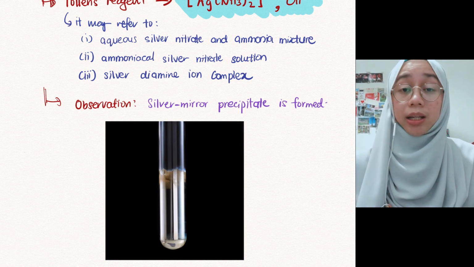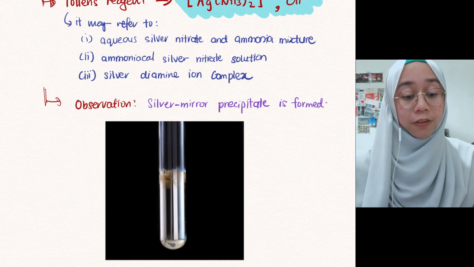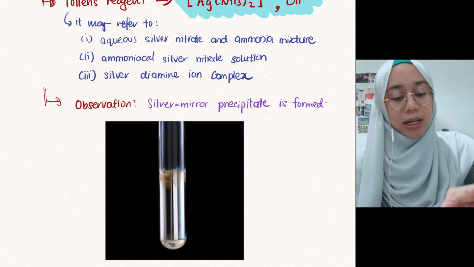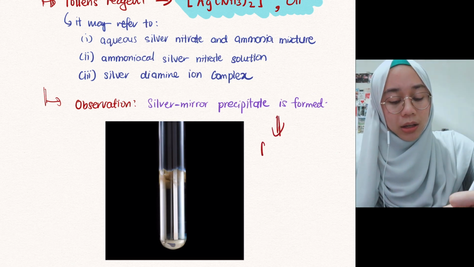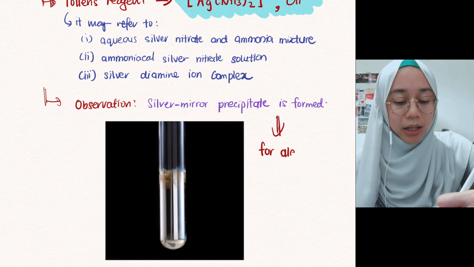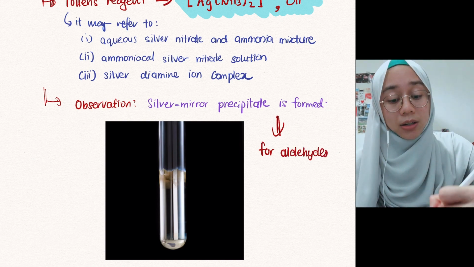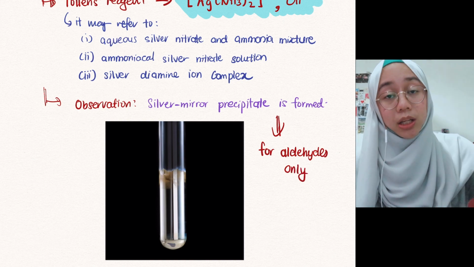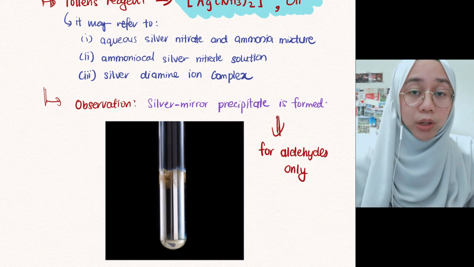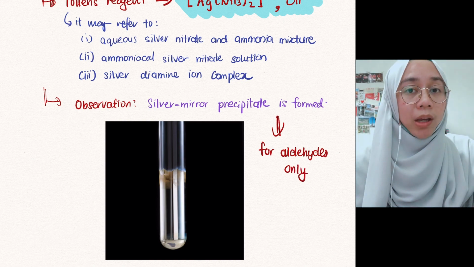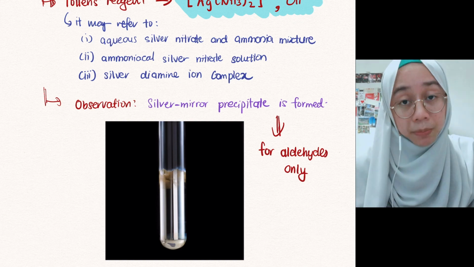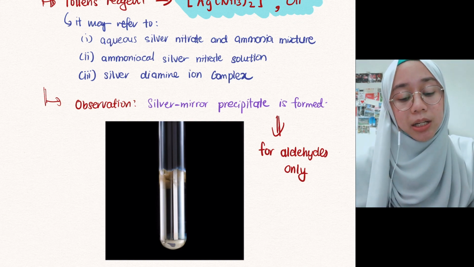Cuma untuk aldehyde ke keton kamu rasa? Of course aldehyde only. Sebab aldehyde tadi kita boleh oxidize. Meanwhile keton tak boleh oxidize, so no silver mirror precipitate is formed.